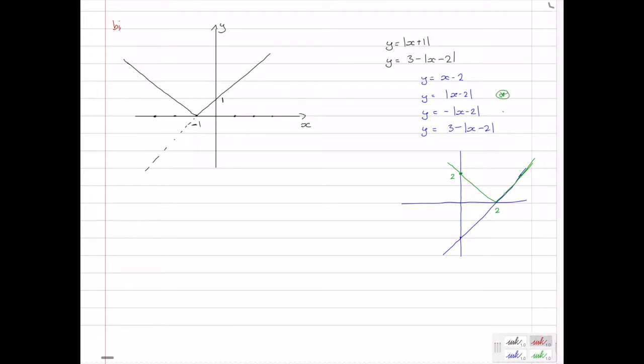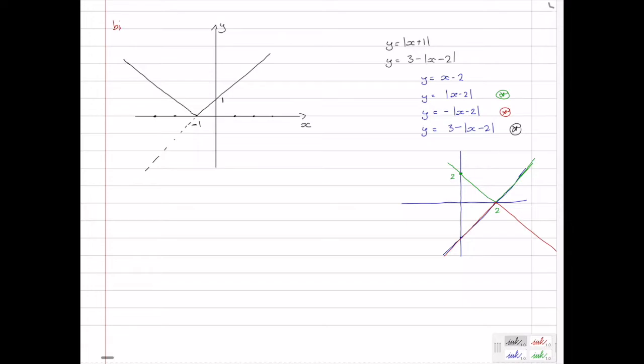Now let's have a look at this bit here. What does this do? If I multiply everything by -1, that means every y value takes its negative value. So that means that everything gets flipped across the x-axis. So then I'm actually looking at this. And finally, when I add 3 to my red curve, I actually get this one here that I've marked in black.